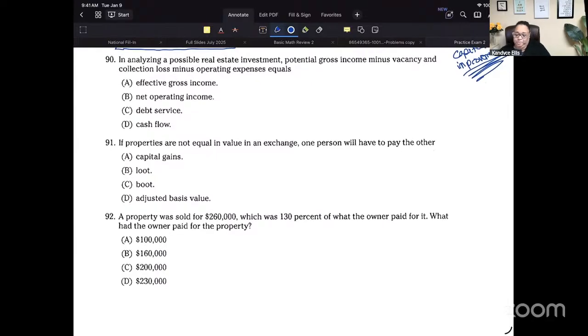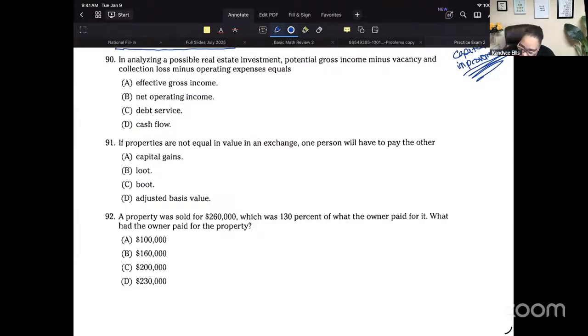In analyzing a possible real estate investment, potential gross income minus vacancy and collection loss minus operating expenses equals what?